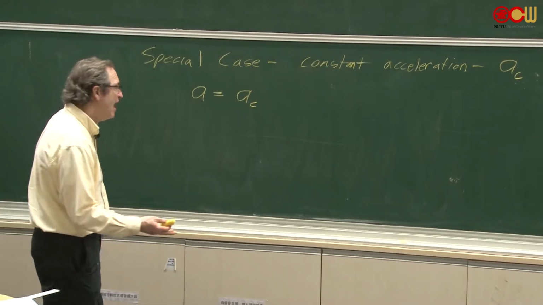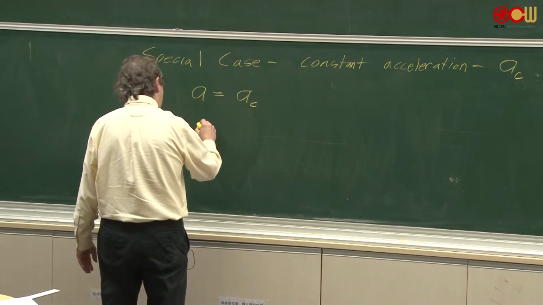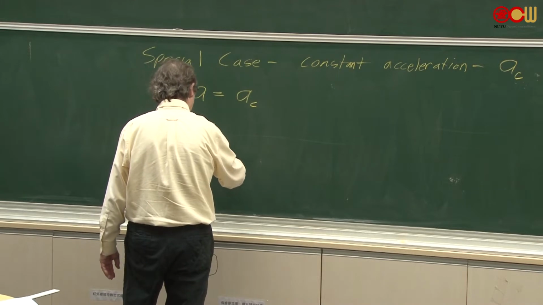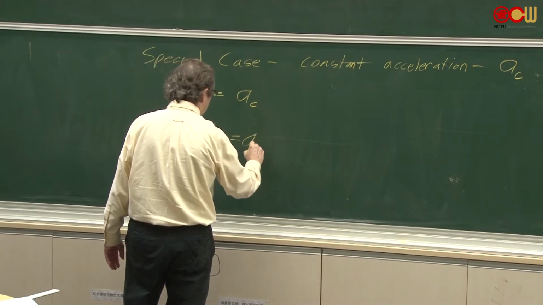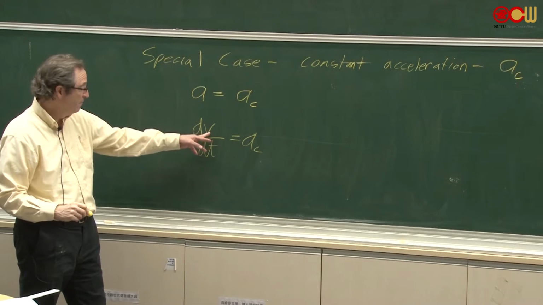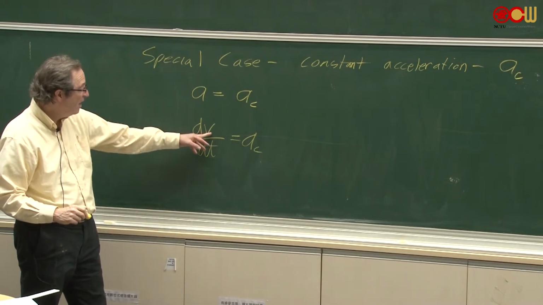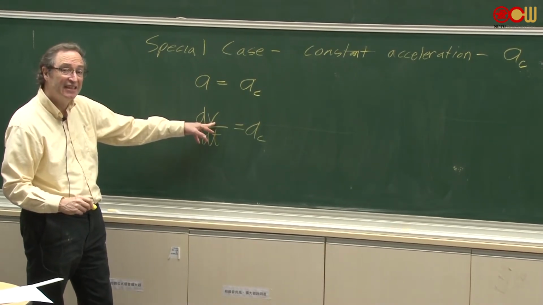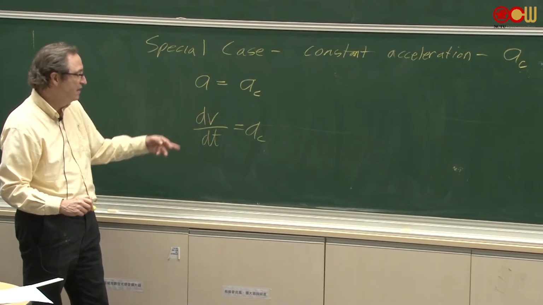To answer that, we recognize that A is dv dt, and that has to equal acceleration. So here's our v right here. Okay, so somehow we want to find v as a function of t rather than dv dt.